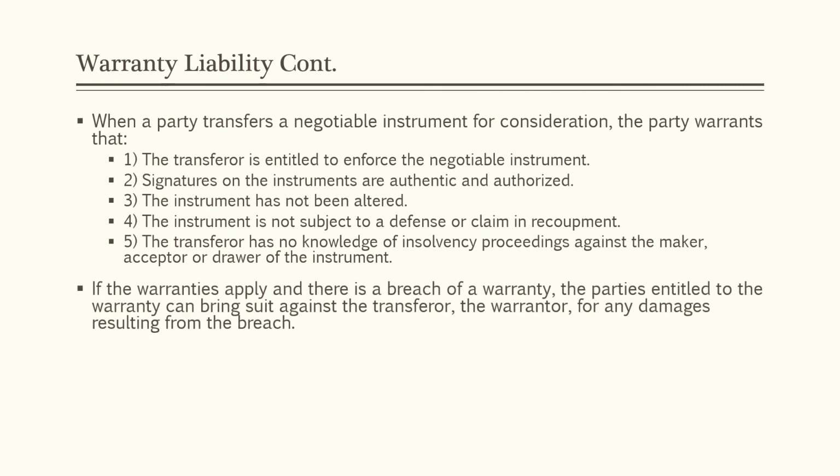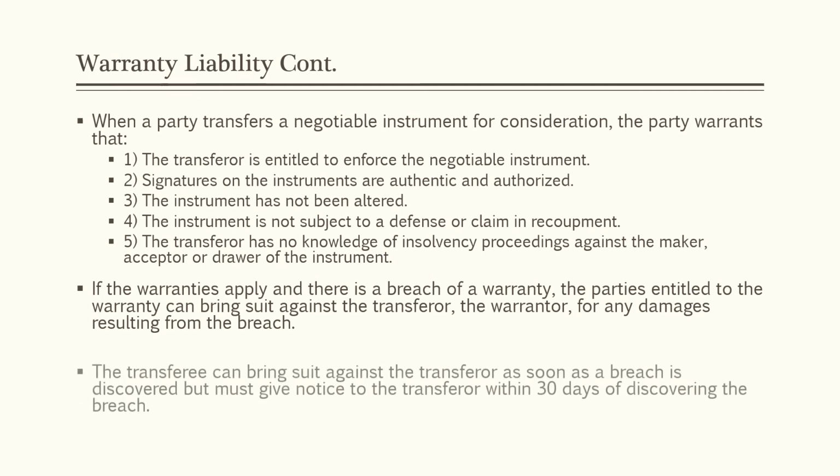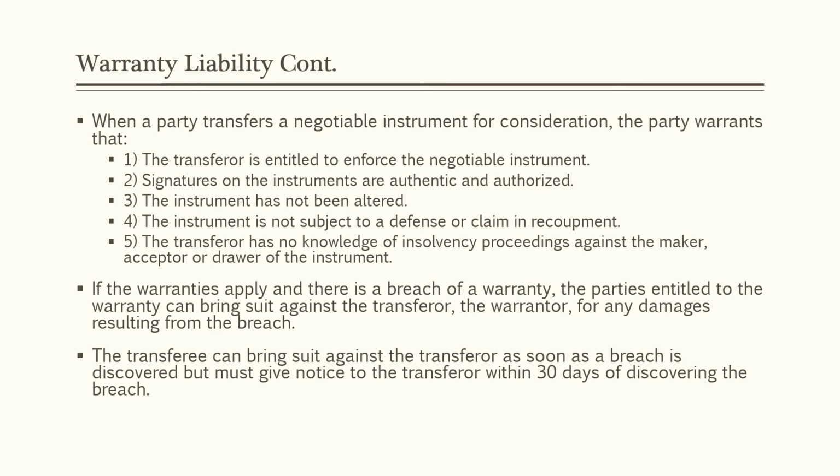If the warranty is applied and there is a breach of a warranty, the parties entitled to the warranty can bring suit against the transferor, the warrantor, for any damages resulting from the breach. The transferee can bring suit against the transferor as soon as a breach is discovered, but must give notice to the transferor within 30 days of discovering the breach.